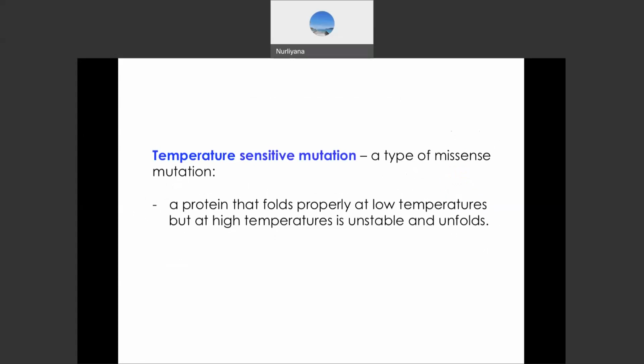If the protein is not able to fold, it cannot function well. So a protein that folds properly at lower temperature, but at high temperature, like in some countries there is a cold season, when it is cold it can fold, but at high temperature during summer, the protein is not stable and then it cannot fold.